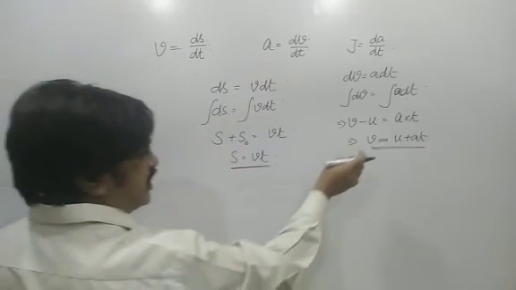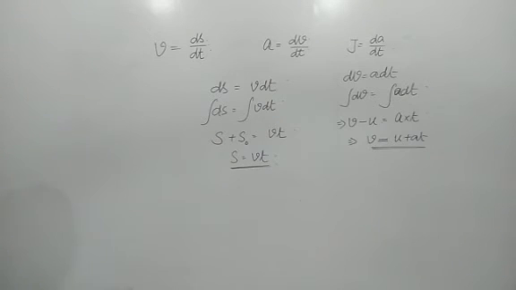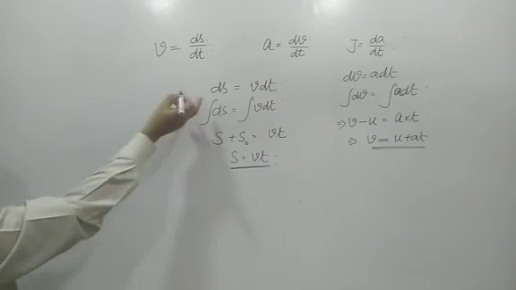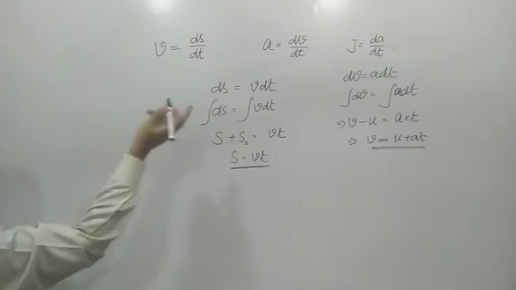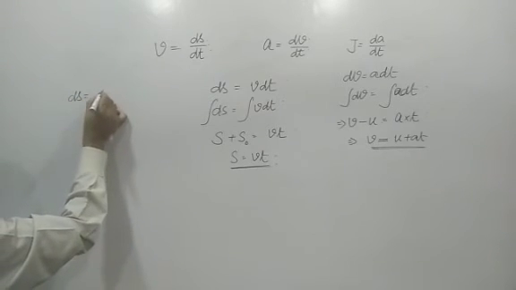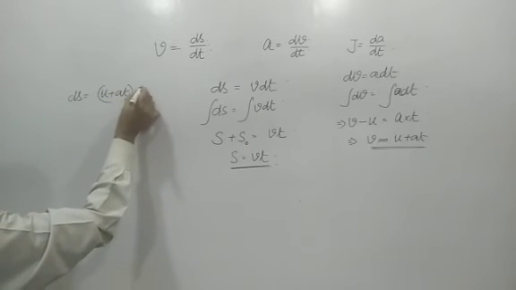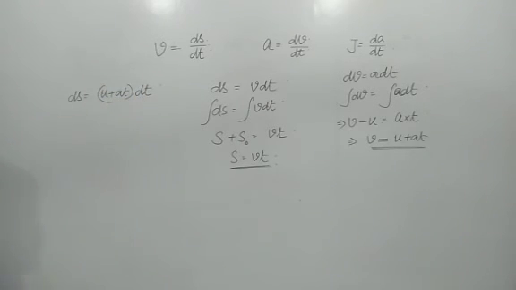So if you use this equation here, then what will happen? The entire part can be rewritten likewise. ds equals (u plus at) dt.